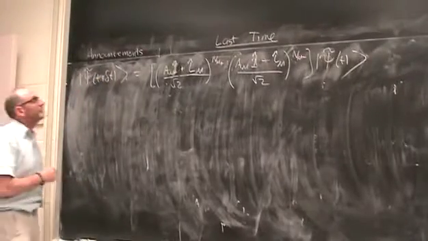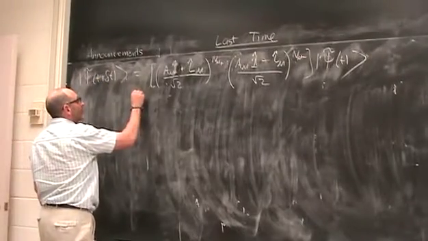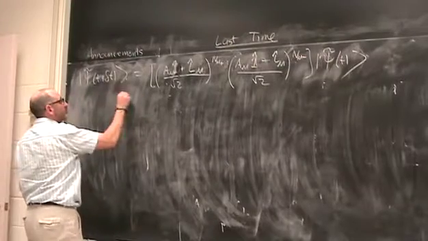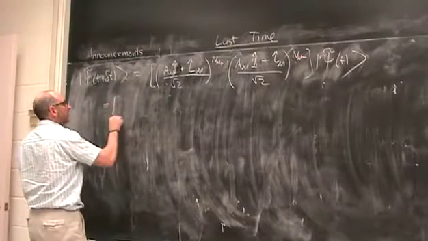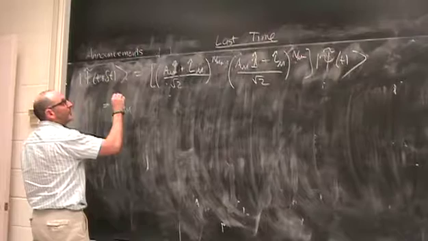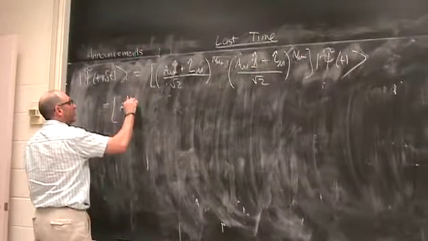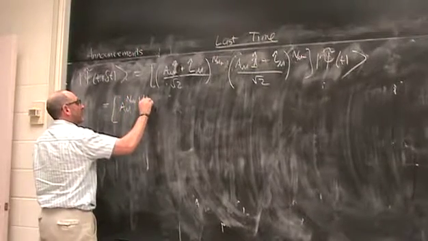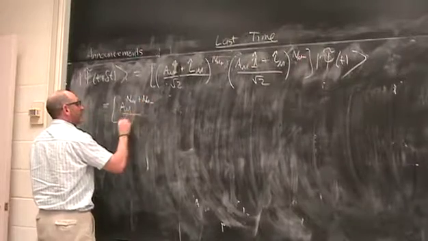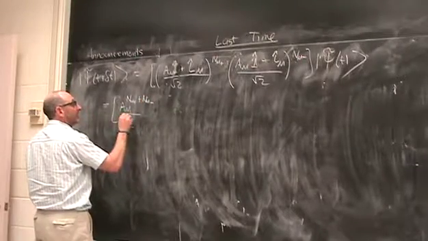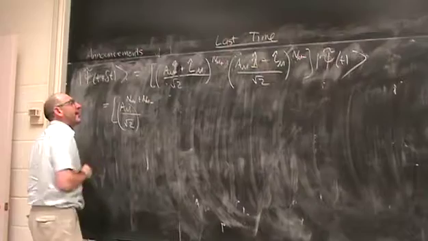So now I'm going to factor out mu to the nu over root 2, all to that power.